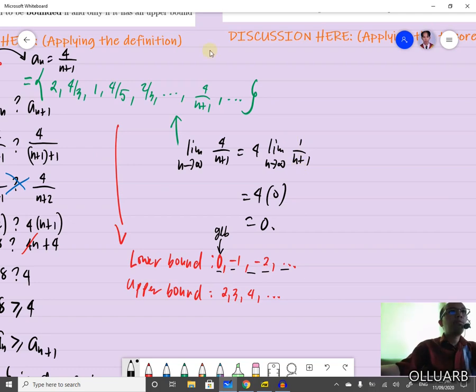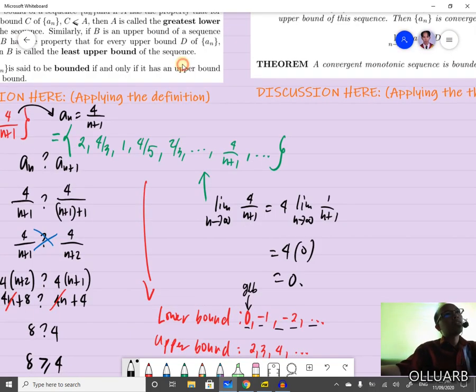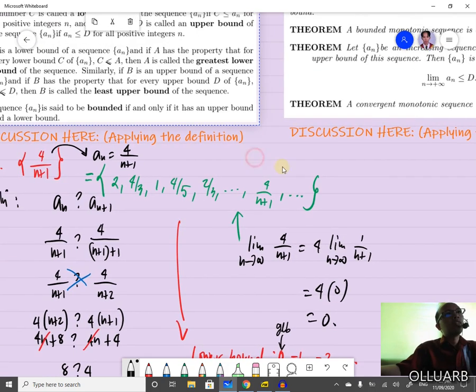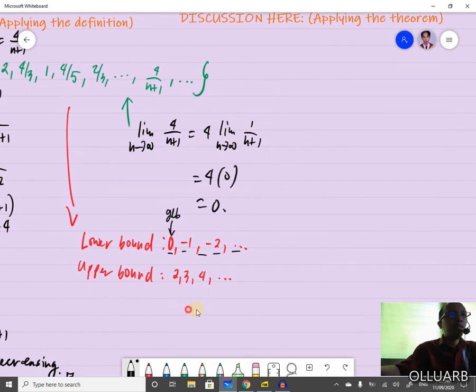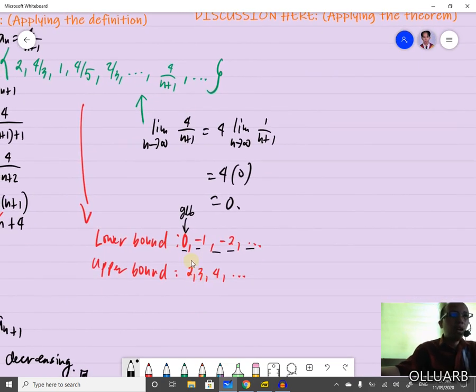Similarly, for the upper bound, there are many upper bounds, but the least of those upper bounds is what we call the least upper bound. So for example, these are our upper bounds, but the least is 2. So this is our least upper bound.